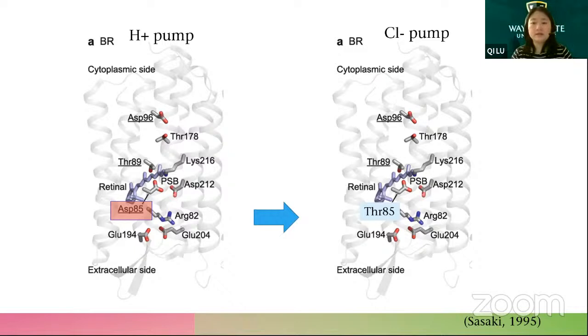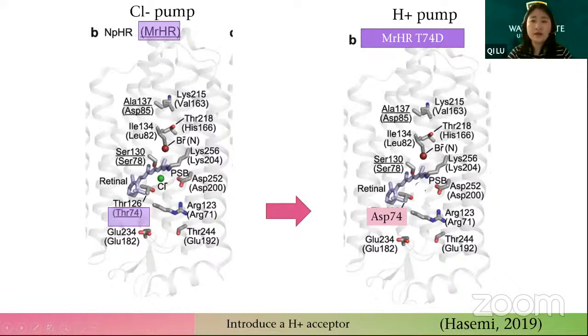Now let's summarize these very important scientific steps. In 1995, the Sasaki group, with one single mutation changing aspartate 85 to serine 85, changed the bacteriorhodopsin from a proton pump to a chloride pump. And in 2019, in MrHR, the same site changed from serine to aspartate, changing the chloride pump to a proton pump.